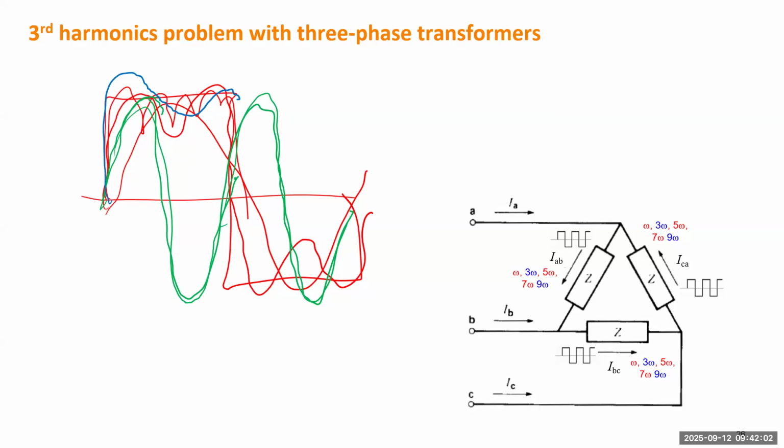Let's change the color. That will make this one not square, somehow non-symmetric.